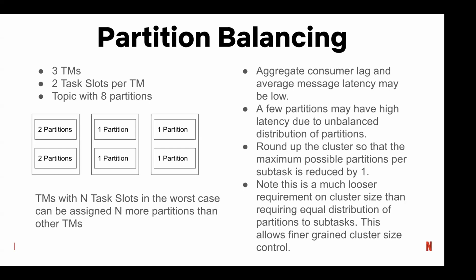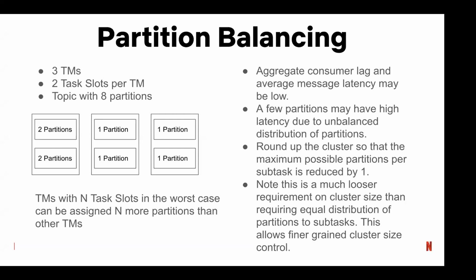But for Flink task managers, that's not necessarily the case because the partition assignment to the consumers is not task manager aware. So you can end up in a situation where one task manager can have significantly more partitions than any other task manager.